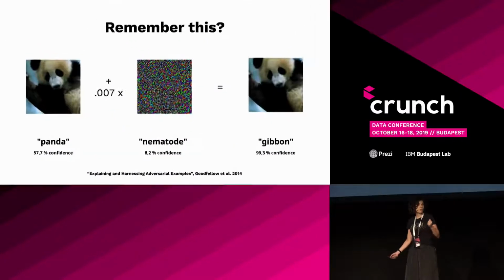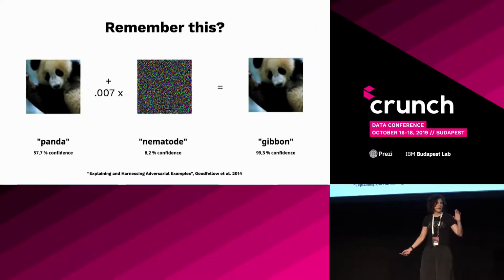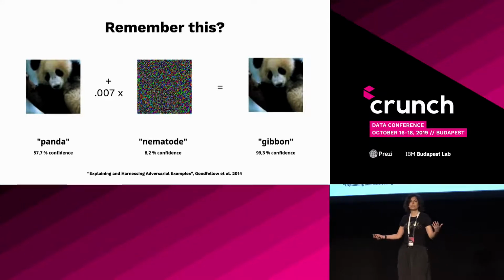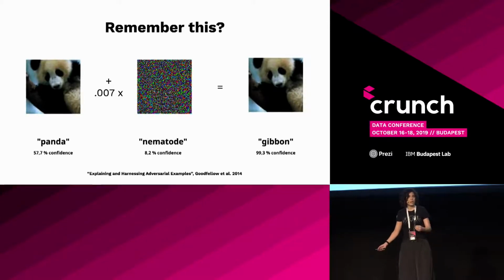So just to get everyone on the same page, I'm not sure if you've seen this image. It's the stereotypical image that we can see for adversarial examples. It comes from the Ian Goodfellow paper from 2014, where he and his team were explaining one of the most basic attacks that you can make against computer vision neural networks.